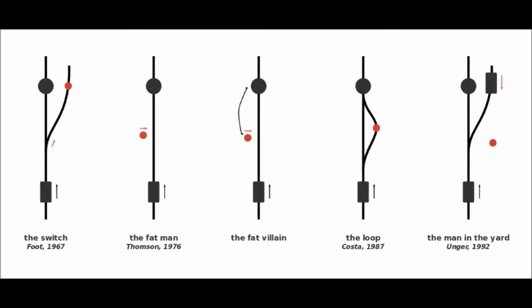Now, an analogy we can put here, something different, would be if there's 5 people who all need organ transplants, and if they don't get them, they're all going to die. But no one that you know is compatible. And then someone walks in who is compatible with all 5 of those people, and if you were to kill that person and remove that person's organs, you would be able to save all 5 of those people.